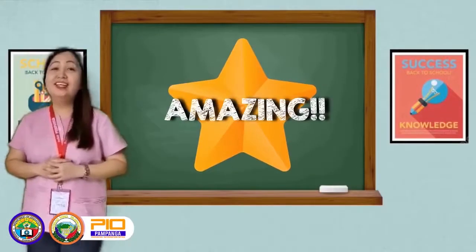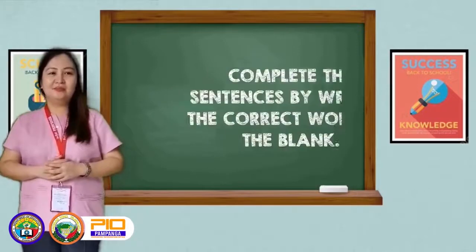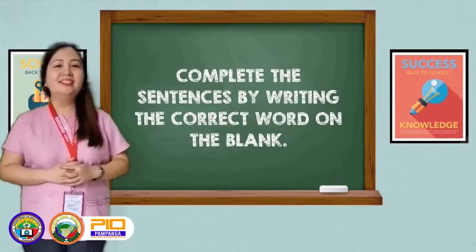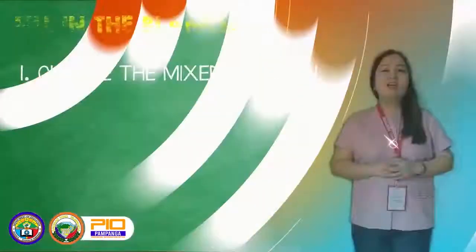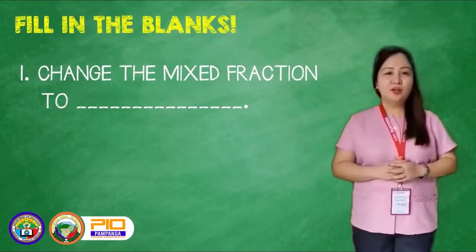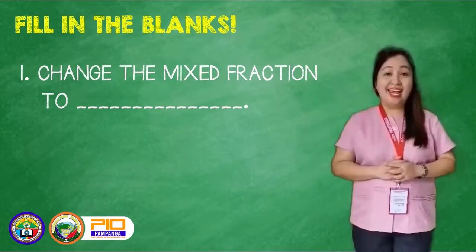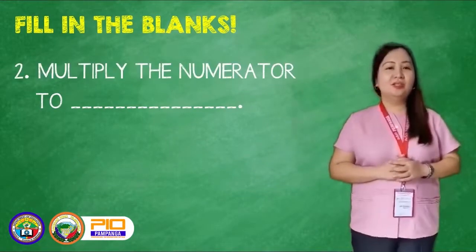Let us see if you really understand the lesson. Complete the sentences by writing the correct word on the blank. Number 1, change the mixed fraction to blank. Next, multiply the numerator to blank.